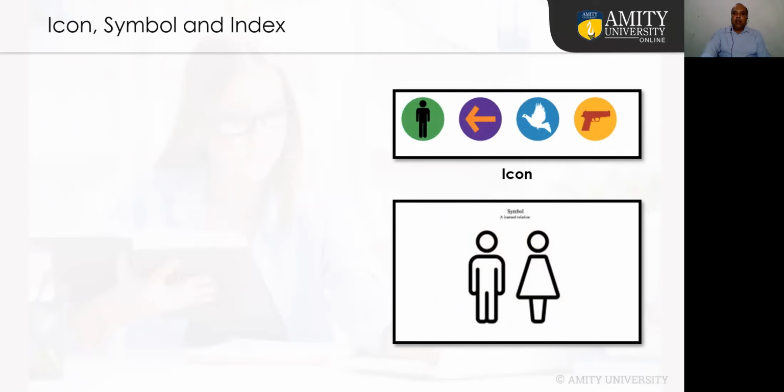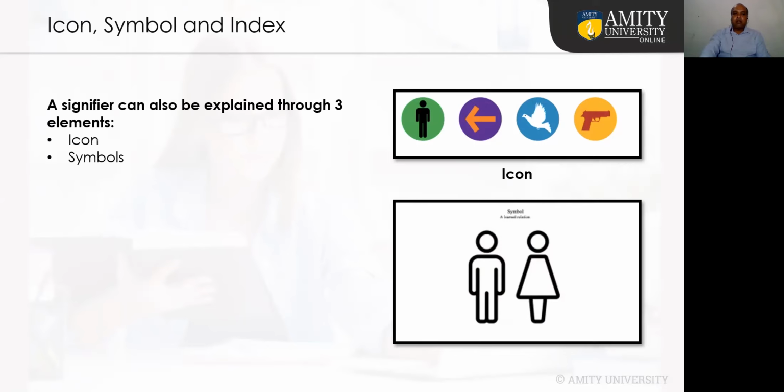Icon, symbol, and index. In day-to-day life, every time you see different icons in front of you. Whenever you are using a mobile phone or laptop, we have different icons: My Computer, desktop, folder. These are icons, and each icon has a different purpose. Similarly, we have different symbols. The icon has a physical resemblance to the signified.